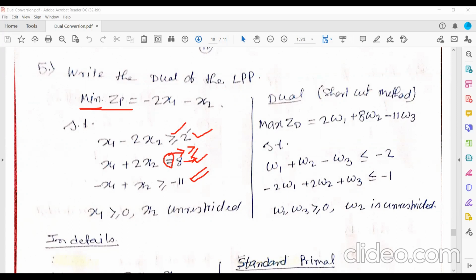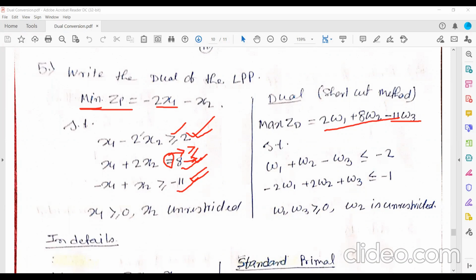So now its dual will be: 2W1 plus 8W2 minus 11W3. And for the constraints, you need to take the coefficients of x1 in this column: W1 plus W2 minus W3. Greater than becomes less than or equal to the coefficient of x1 from the objective function, that is minus 2.